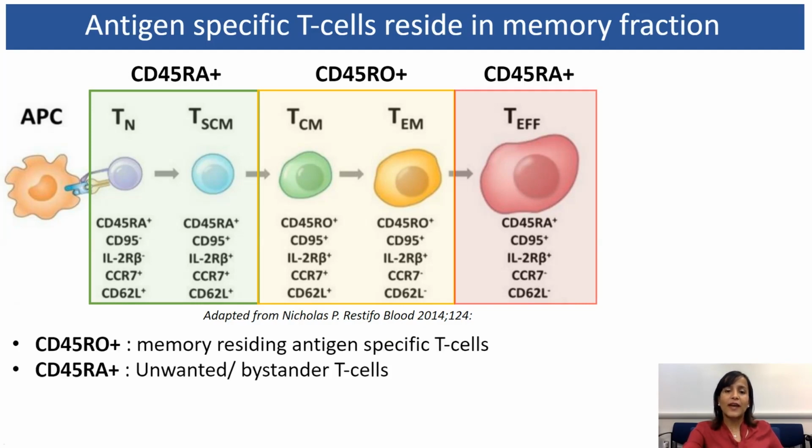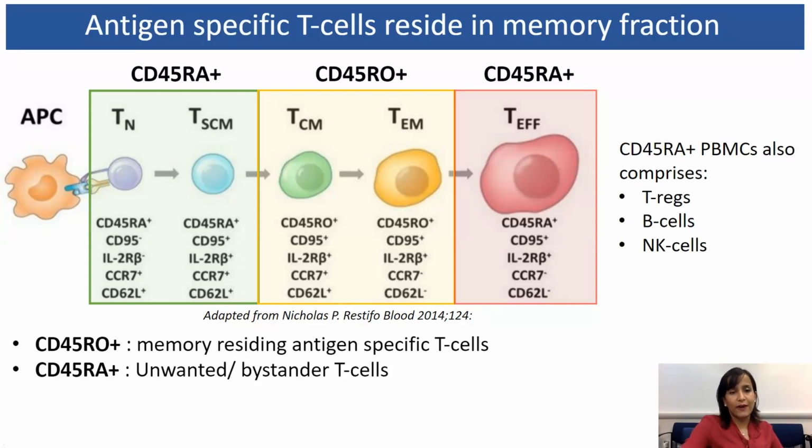So we know that the RA negative fraction has the memory cells, and we know that after viral infection resolution, the T cells reside in the memory compartment. And then this CD45RA positive fraction really includes the naive, TSCM, and T effector memory cells, which are not of so much interest to us in generating memory residing antigen-specific T cells.